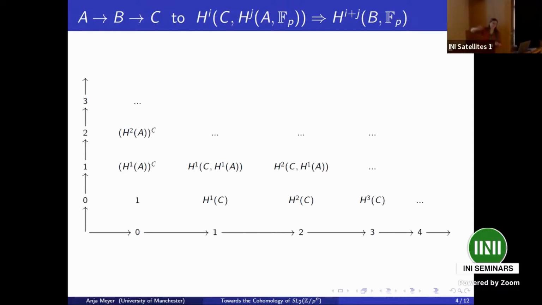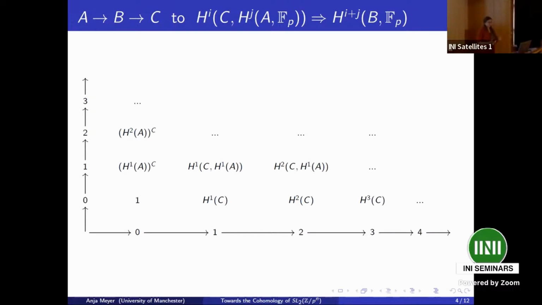On the vertical edge, however, if you look at the formula in the very top, if you replace the i with a 0, you see that the 0th column is the 0th cohomology of C with coefficients in the cohomology of A, so the thing on the left. And group cohomology is quite nice, as this is just the invariant thing.